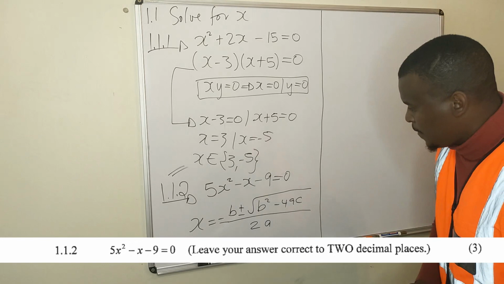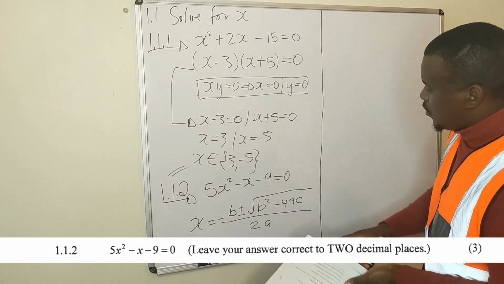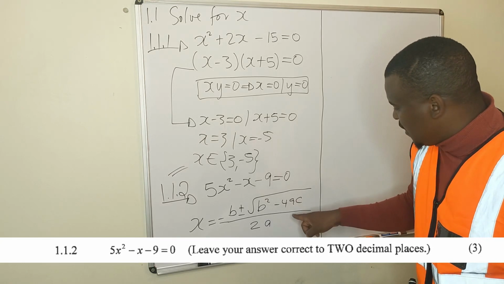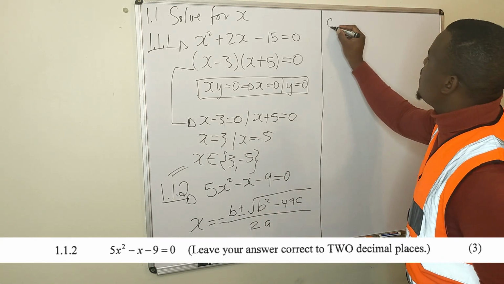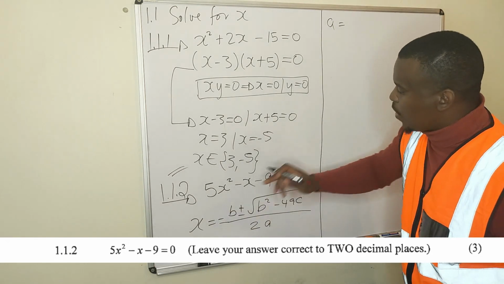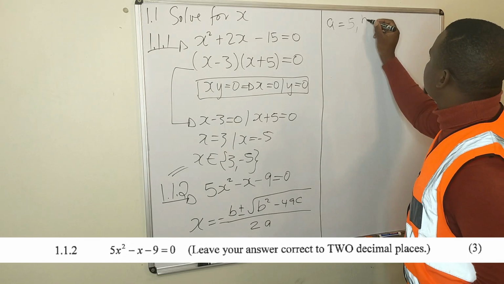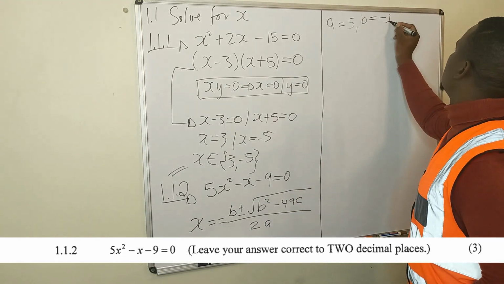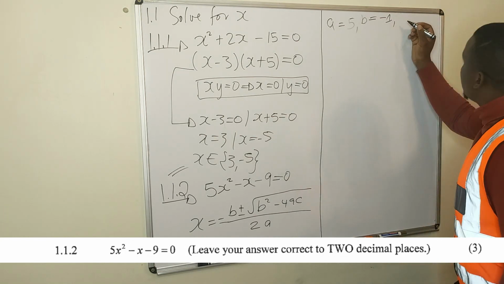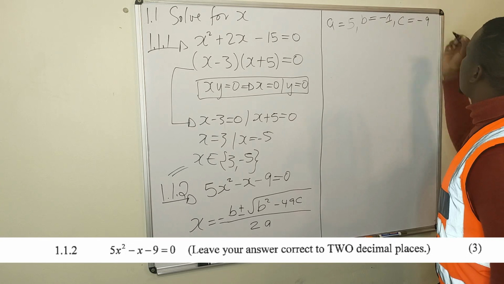You should know this. Your a is the coefficient of x squared, which is 5, b is the coefficient of x, which is -1, and c is the constant, which is -9.